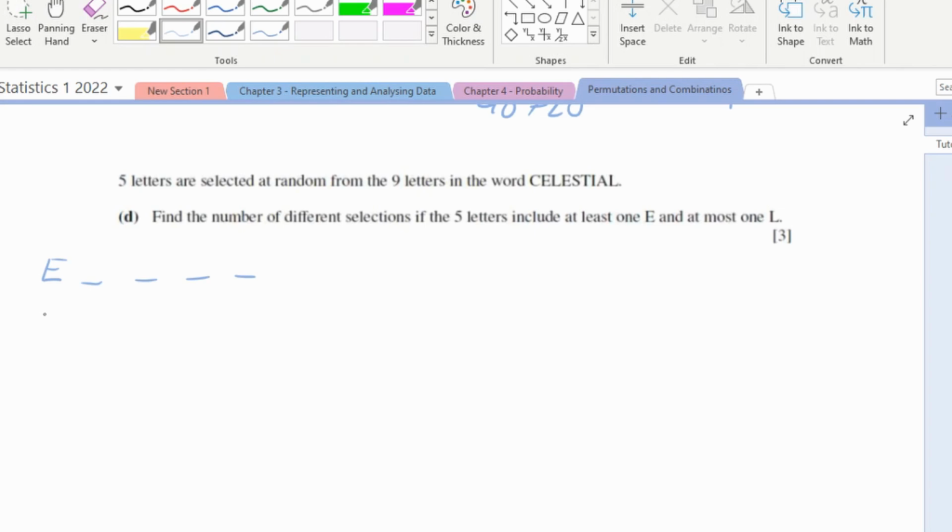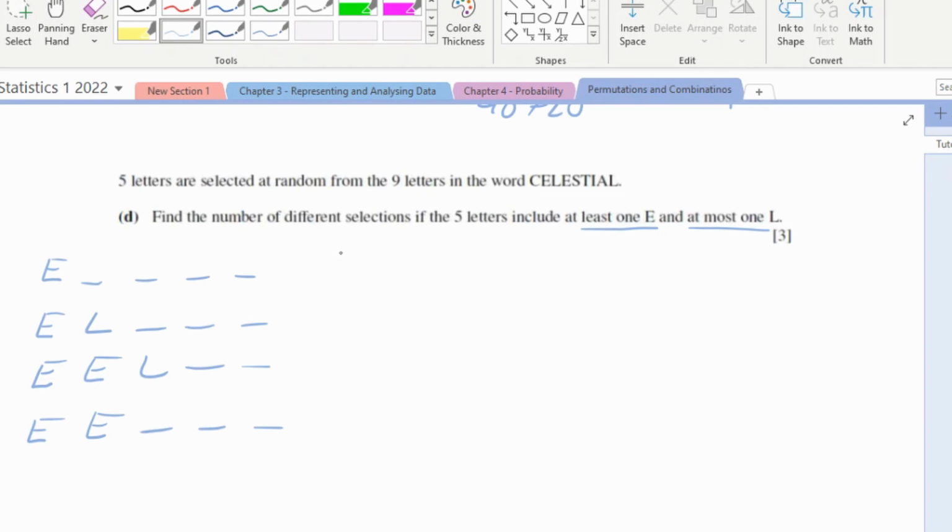Another way you could do it is E with 1 L. What's another way we could fulfill this criteria? Yep. Or 2 E's and no L's as well. So that one and that one. Is there anything else? I can't see anything else myself.